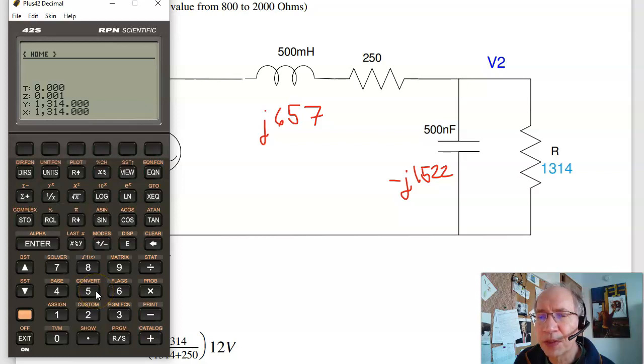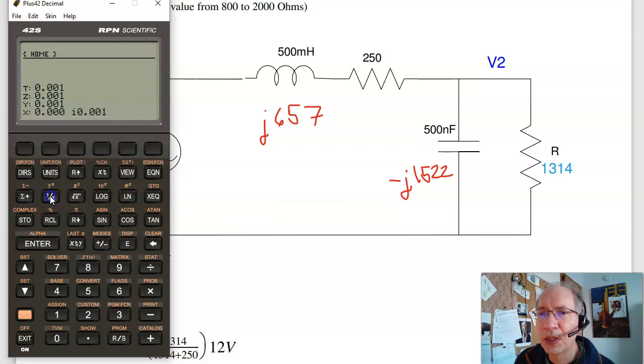Capacitor is 500 nanofarads, 500e negative 9. 1 over that, so this is minus j1522.07. Let's do 0, enter 1, complex, times, so there's my capacitor, minus j1522 ohms.